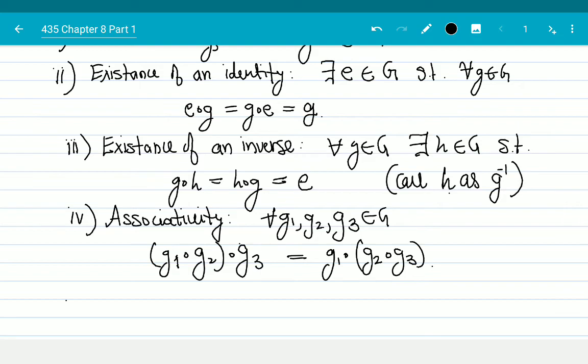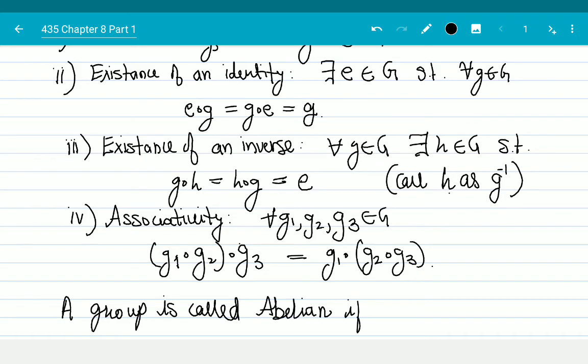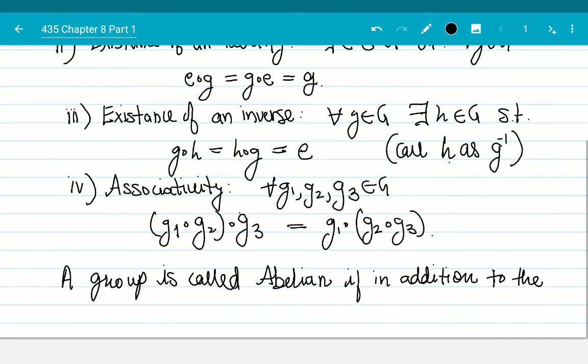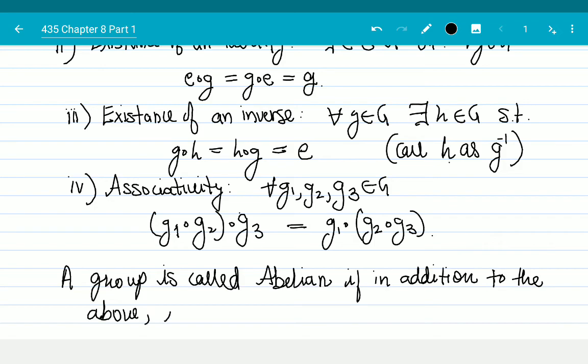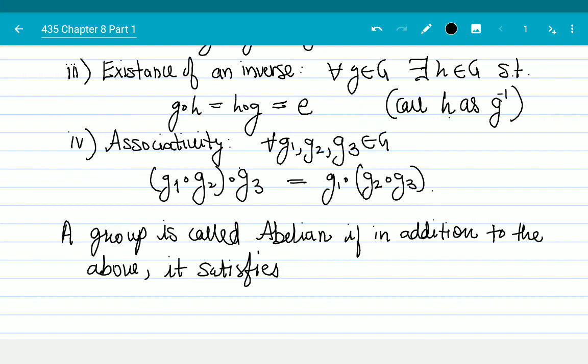Okay, a group is called abelian if, in addition to the above, it satisfies a fifth property, commutativity.